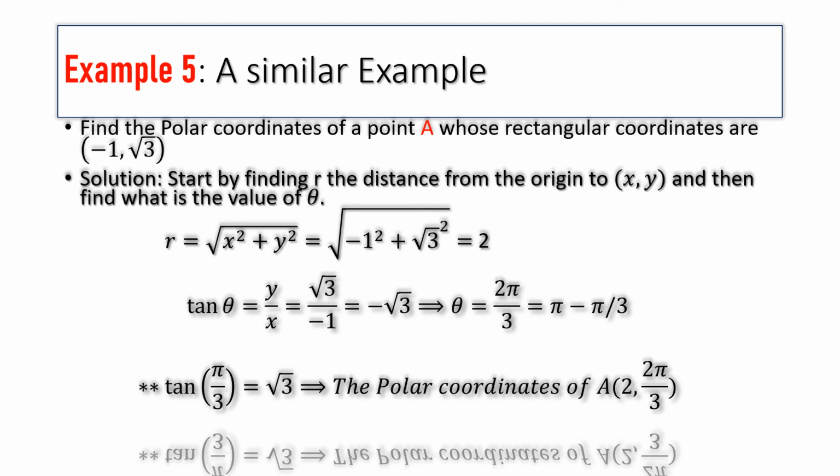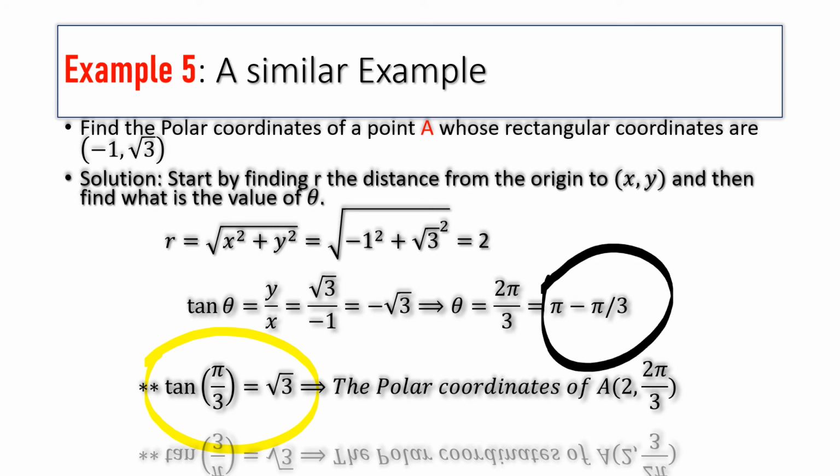We know that tangent of pi over 3 is square root of 3. So we can subtract pi over 3 from pi, and we get 2 pi over 3. Since the x coordinate is negative, it means theta is in quadrant 2.